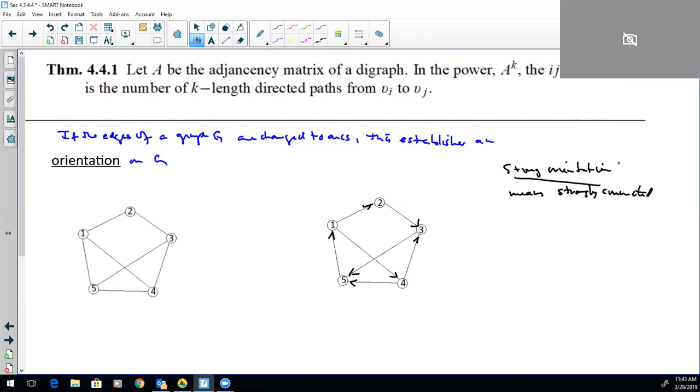Now, is this a strong orientation? Well, the only thing I can see here is, well, this is strongly connected, or a strong orientation, in other words.